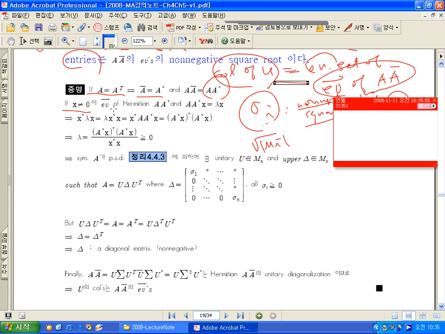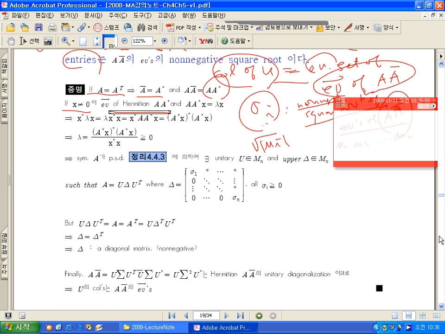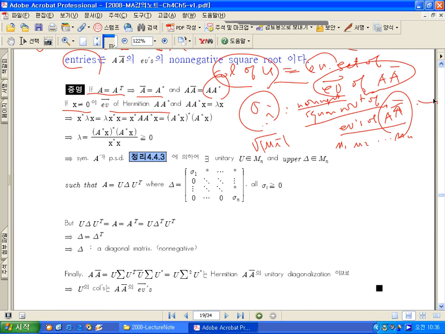So if x is not a zero vector, then take an eigenvector of this Hermitian matrix, A star x equals lambda x. Then x star lambda x can be written in this way, and in this way.